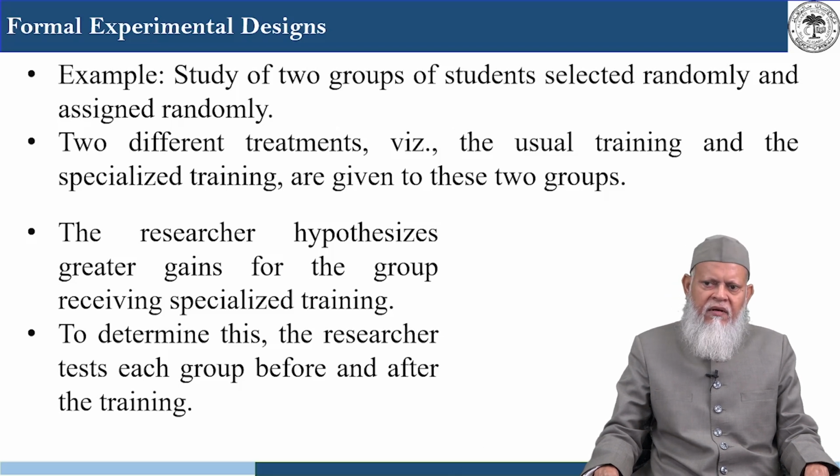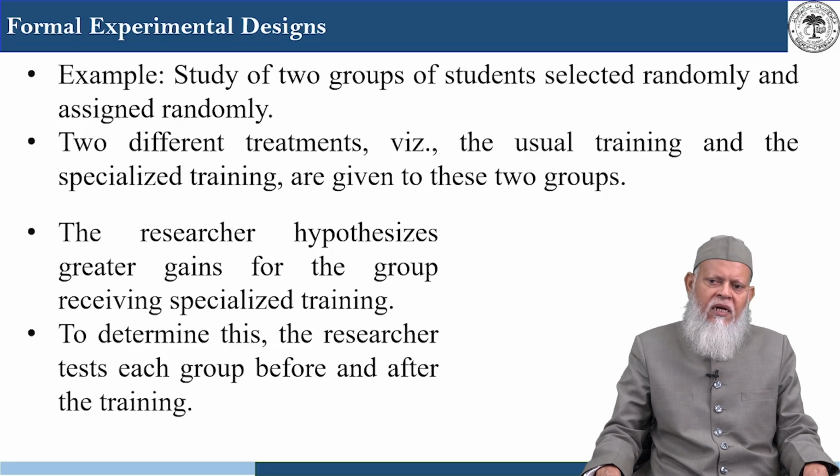Then again, what we are going to do is define the population, then make a sample on a random basis, and then we have to make the experimental group and the control group.